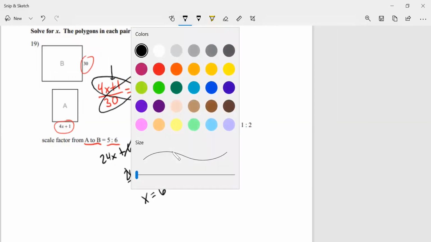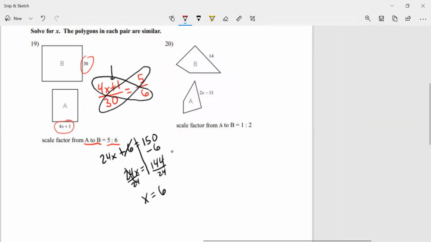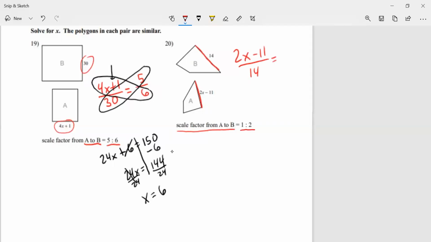Now looking at number 20, let's take a look at another example. We know the scale factor from A to B. So I'm looking at the values, and I have to write the A first because it's from A to B. So let me write this as 2x minus 11 over 14 equals, and I know this scale factor is 1 to 2. So 1 over 2.